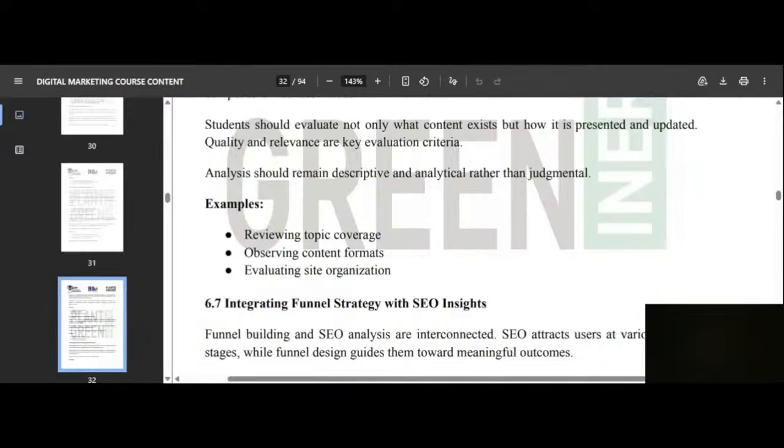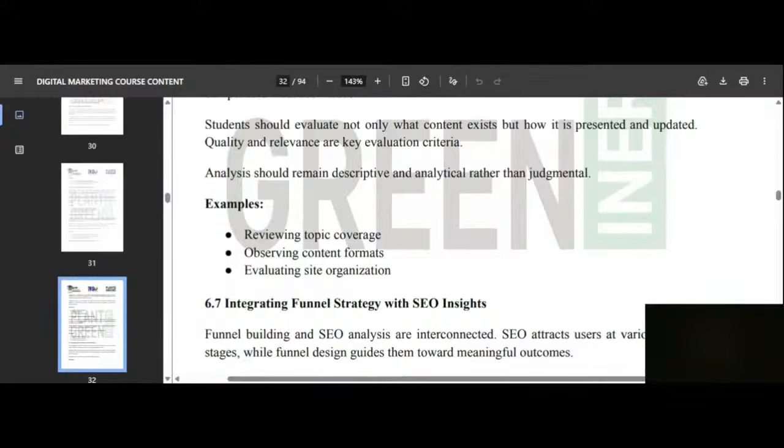It is not about copying. It is more about learning from what is already working. So you are not copying by doing competition SEO analysis. You are only going to study and learn from your competition. That is the whole point of doing competition SEO analysis.